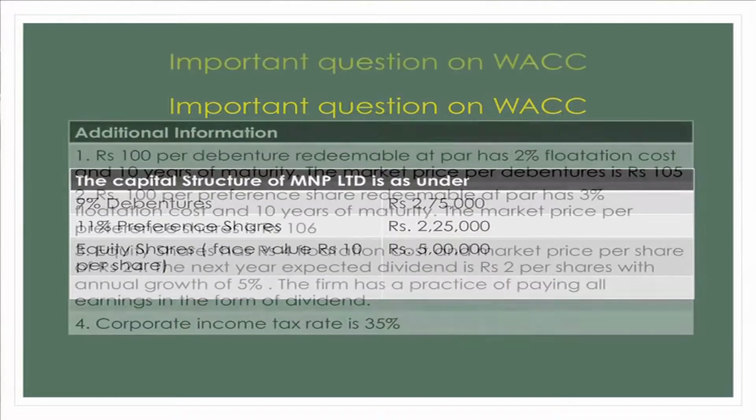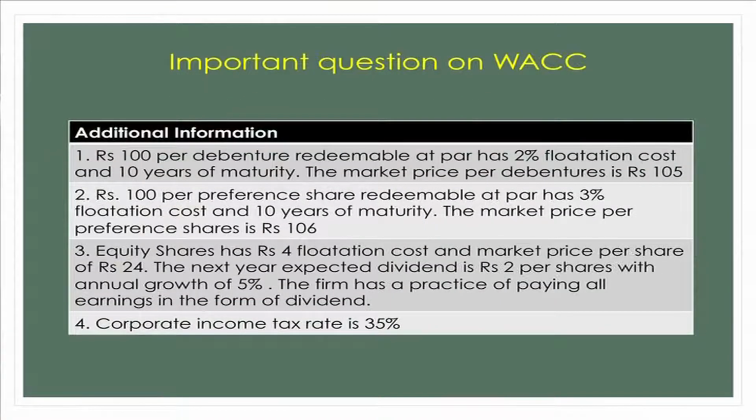Additional information, and this is the most important part of the question. Rupees 100 per debenture redeemable at par has 2% flotation cost and 10 years of maturity. The market price of the debentures is 105. Second point, rupees 100 per preference share redeemable at par has 3% flotation cost and 10 years of maturity.